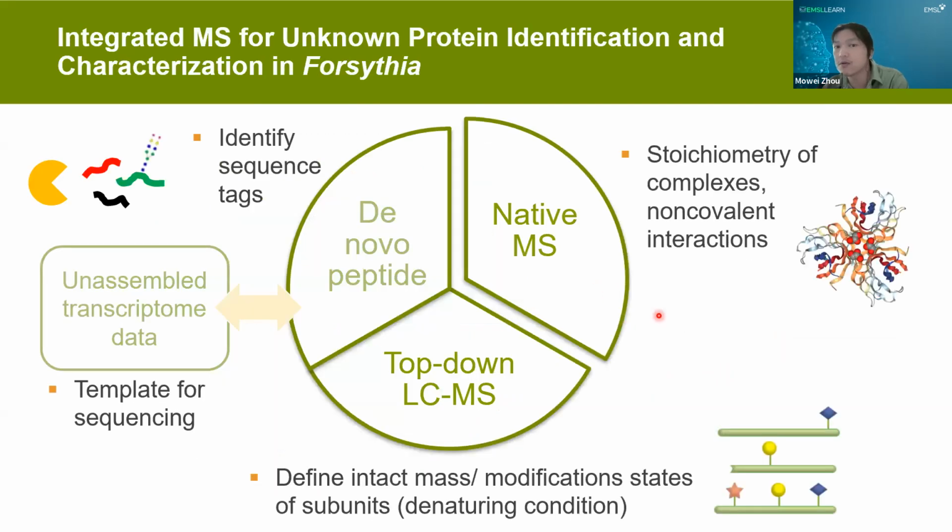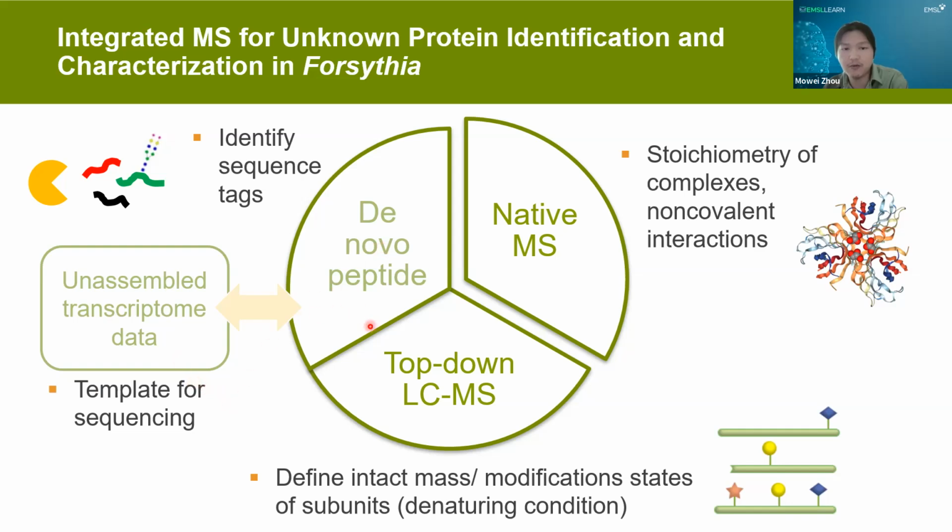I want to go a little quicker just to show you when we started the project, we really didn't have the genome of the Forsythia. So we were trying to see, can we actually do some de novo sequencing to figure out what proteins we're purifying from the plants. We used all kinds of mass spectrometry methods we could think of. The de novo peptide sequencing gives us sequence tags of the peptides, and we were able to get some transcriptomics data from a similar plant, not exactly the same plant.